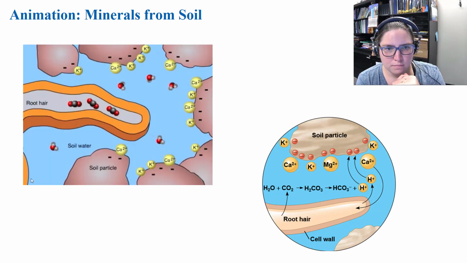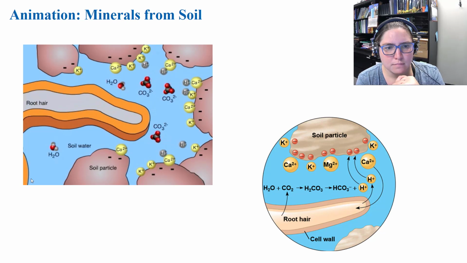Root hairs make carbon dioxide molecules during respiration. Carbon dioxide molecules diffuse into the soil where they combine with water to release hydrogen ions and carbonate ions. The H+ ions bind to soil particles and displace positive mineral ions. Positive ions are called cations, so this process is called cation exchange.